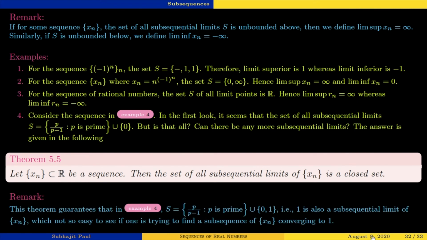So the above theorem guarantees that S in this case is actually p by p minus 1, p prime, union 0, union 1 as well. That is, 1 is also a subsequential limit of xn, which is not so easy to see if one is trying to find a subsequence of xn converging to 1.